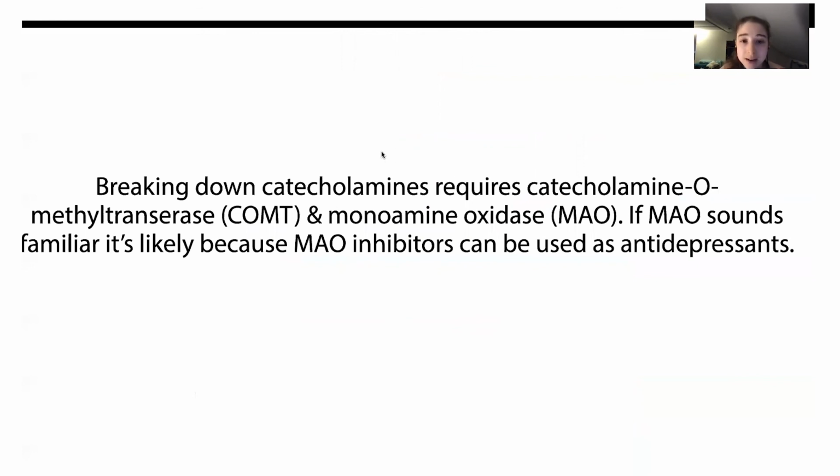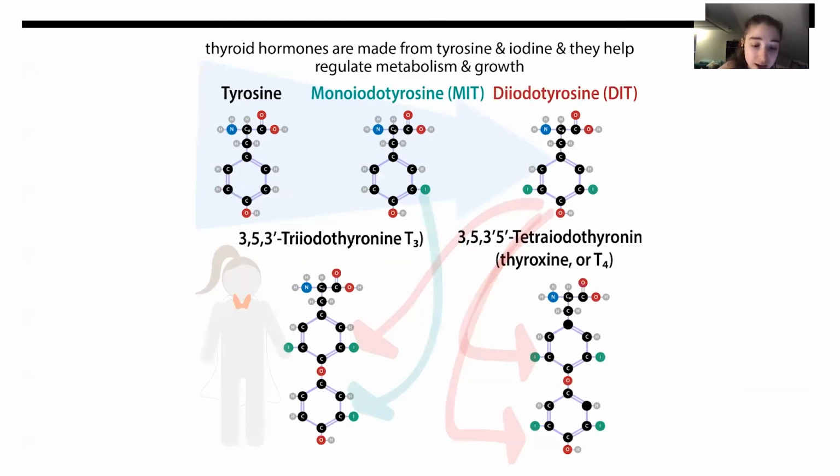Breaking down the catecholamines requires catecholamine O-methyltransferase, or COMT, and monoamine oxidase, or MAO. MAO might sound familiar, and it's likely because MAO inhibitors can be used in some antidepressants.